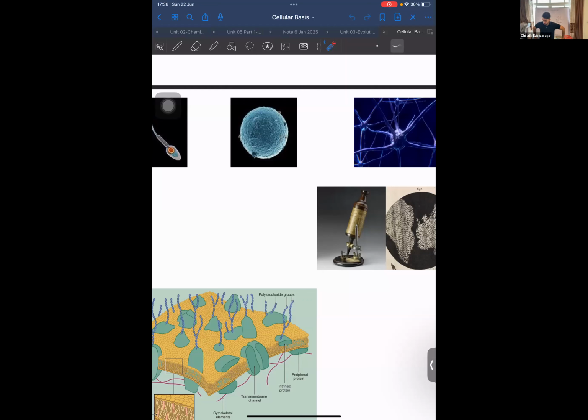Then Theodor Schwann was a zoologist, studying animals. What are the three main branches of biology? Zoology, botany, and microbiology. These two were studying two of the main branches, botany and zoology.